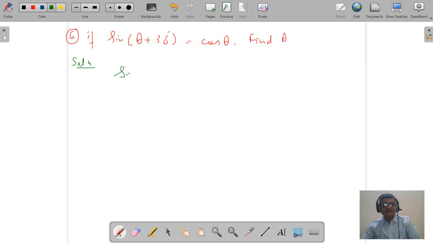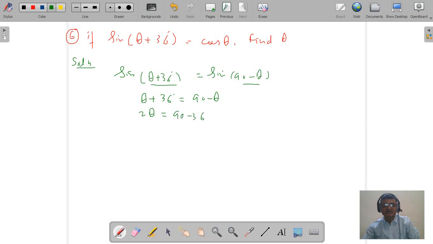Here it is sin (theta plus 36 degree). So this can also be written as sin (90 minus theta). Now this angle and this angle will be equal. Theta plus 36 degree equals 90 minus theta. So 2 theta is equal to 90 minus 36 degree.